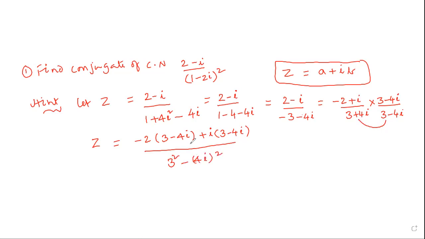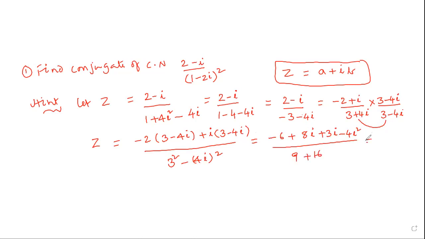The denominator is a plus b into a minus b multiplication, a square minus 4i square. Okay? So now the multiplication: minus 6 plus 8i, next plus 3i minus 4i square, and the denominator is 9 plus 16, which is 25.